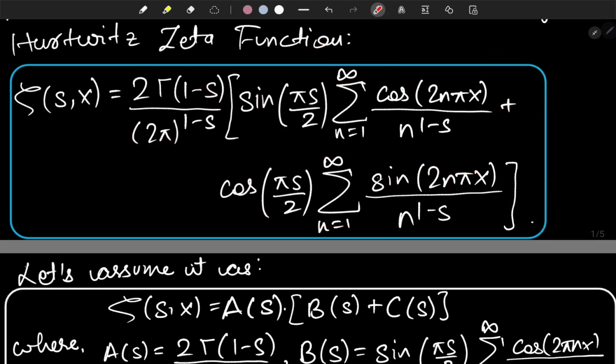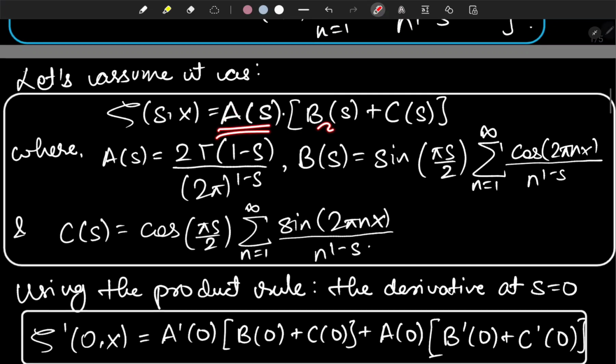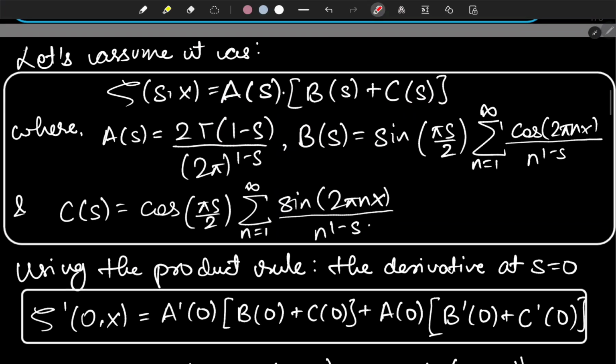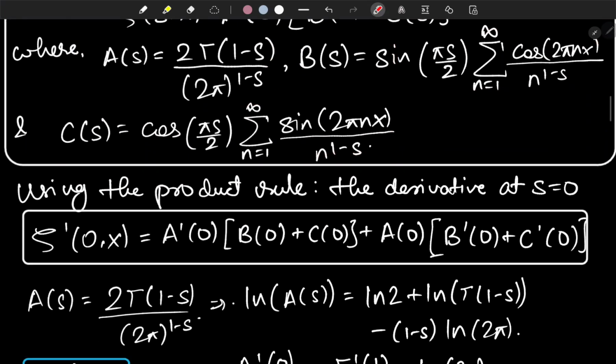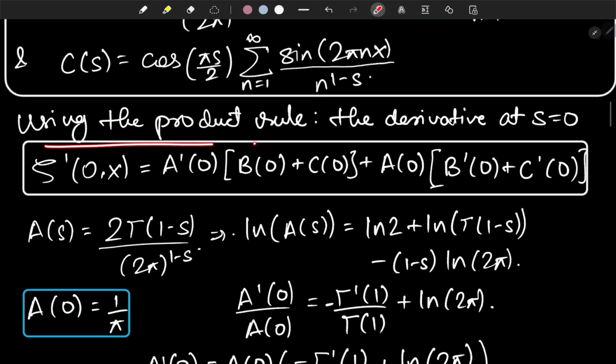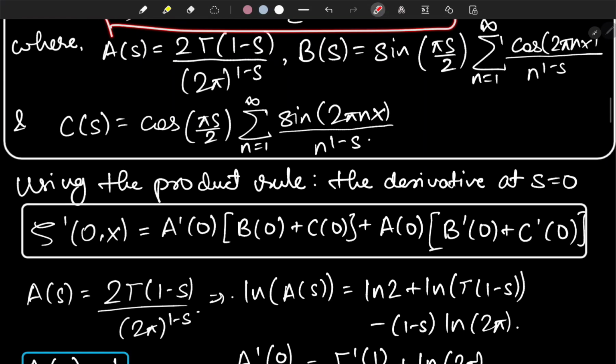It's quite complicated to write them down repeatedly, so in order to get rid of that, we represented them like this. So a of s is there, b of s is here, and c of s as well. Right, now using the product rule, the derivative of this equation, at s equals 0.